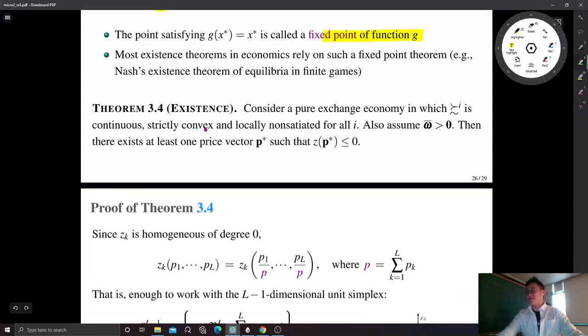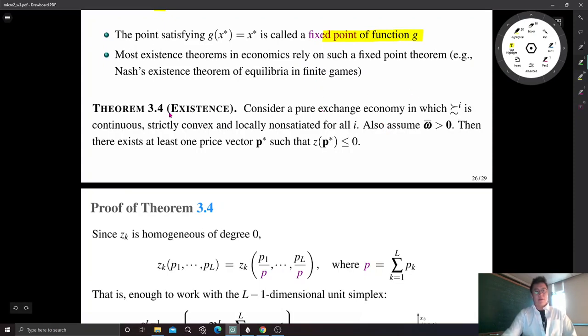So demand is not a correspondence, it is a function. And the preference relation is locally non-satiated. All right, and then the initial endowment vector is strictly positive. So every commodity has some positive units at the outset.